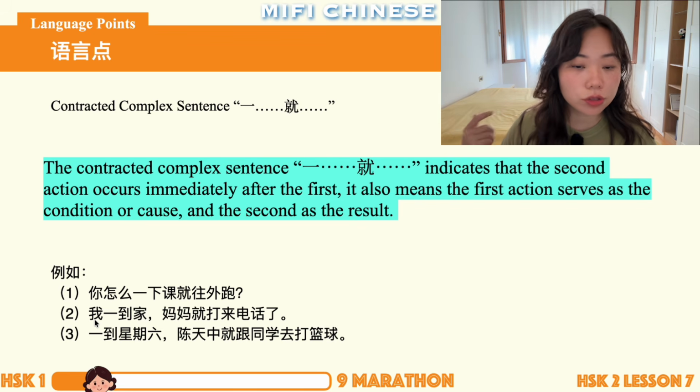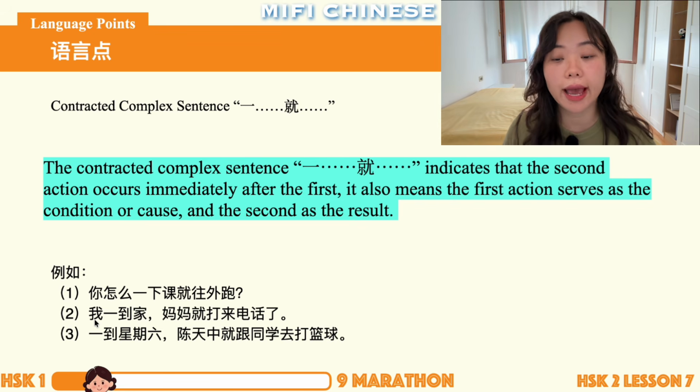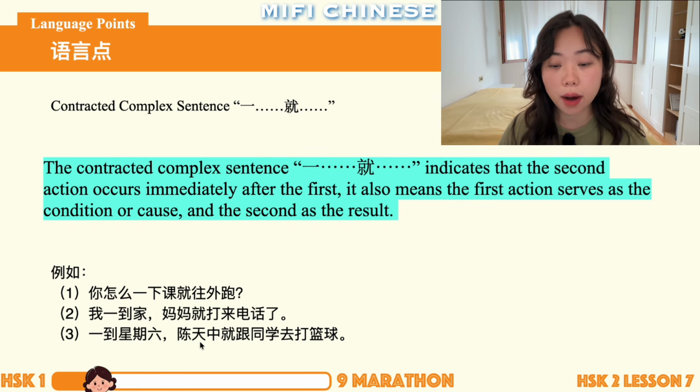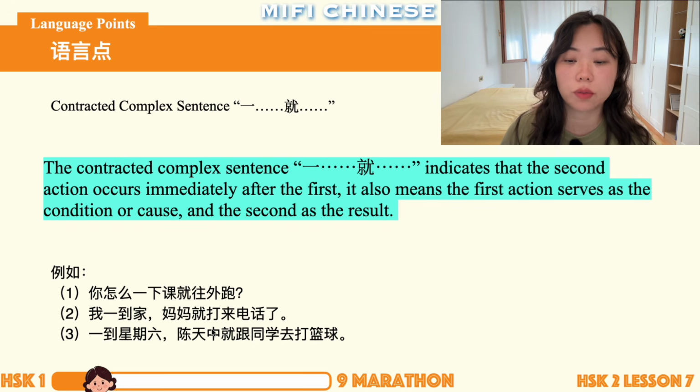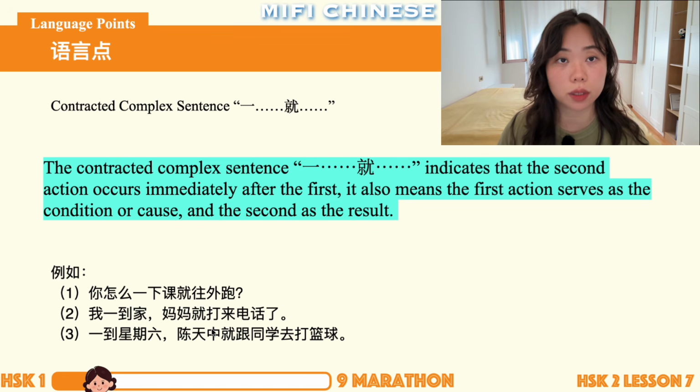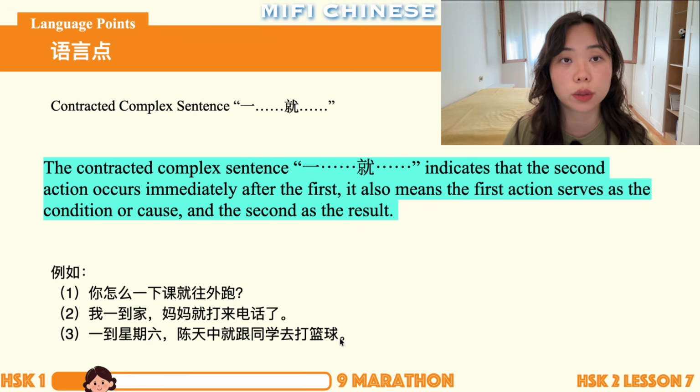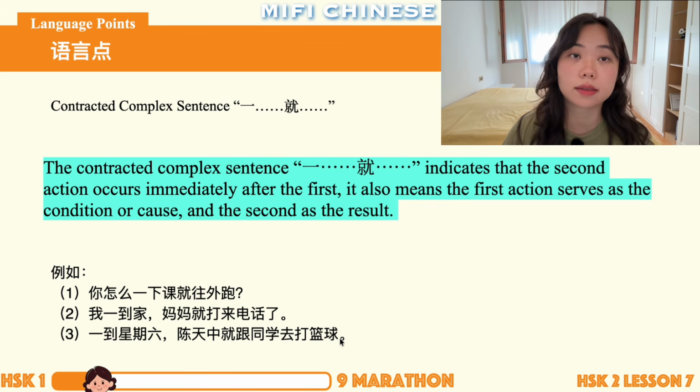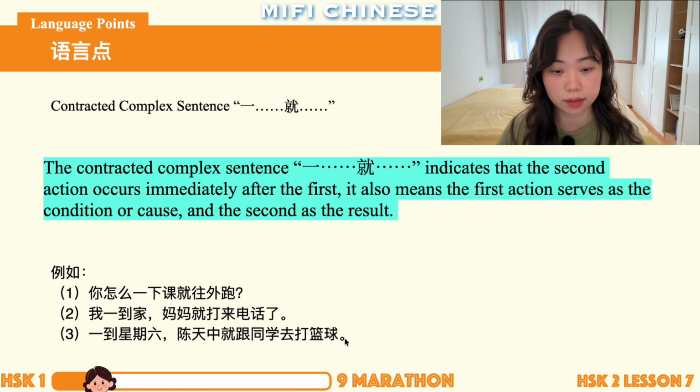So, as soon as the moment that I arrive home, mom gave me a call. Right? Immediately I return home, mom gave me a call. Right? Okay, and then third one, 一到星期六，陈天中就跟同学去打球。As soon as it's Saturday, 陈天中 goes to play basketball with his classmates. Right? So this is the meaning.